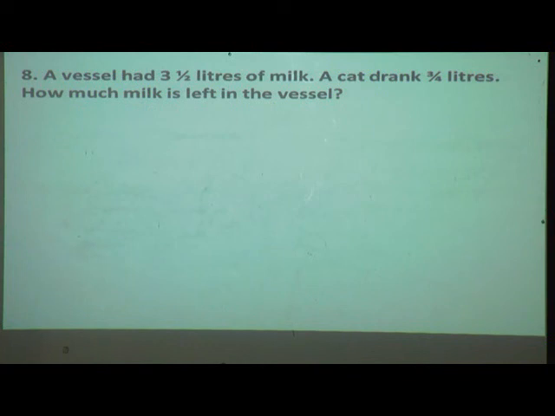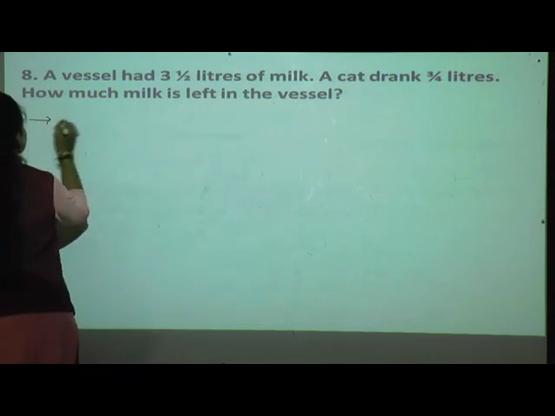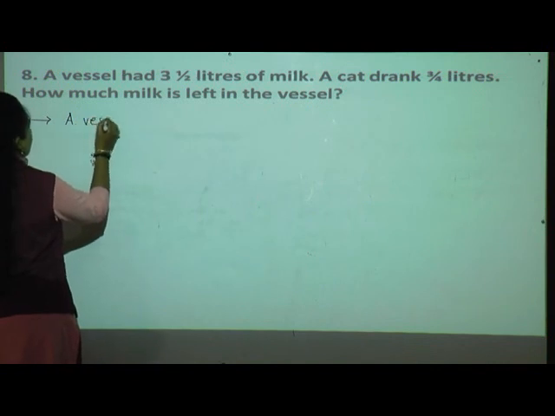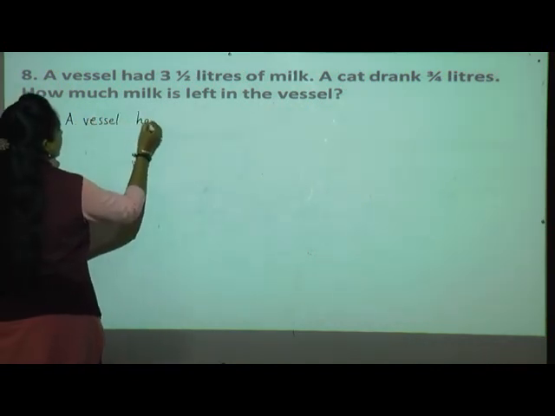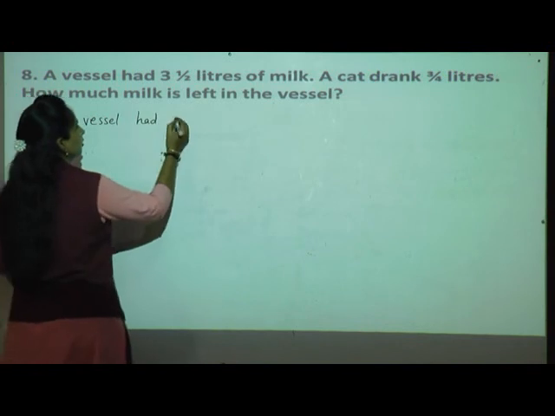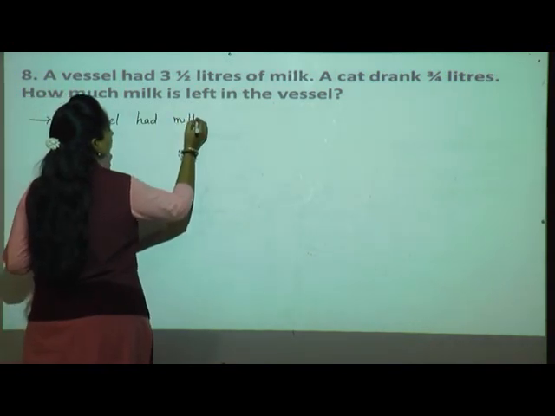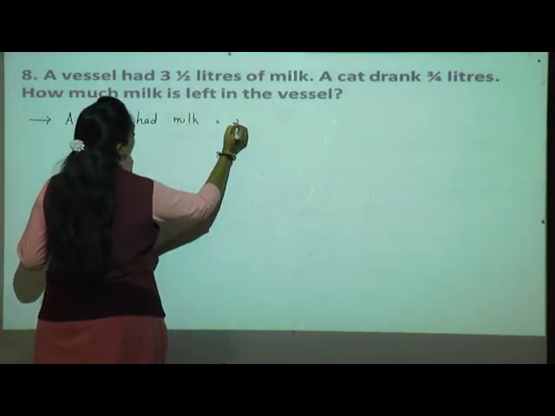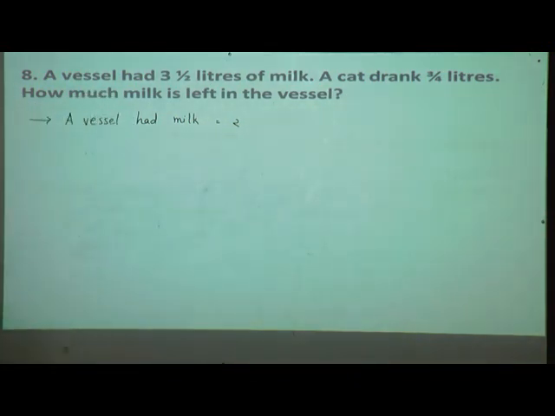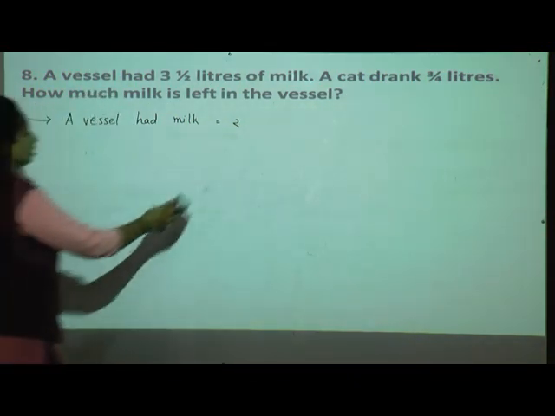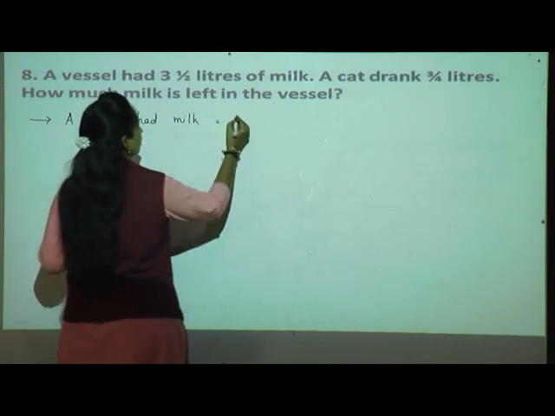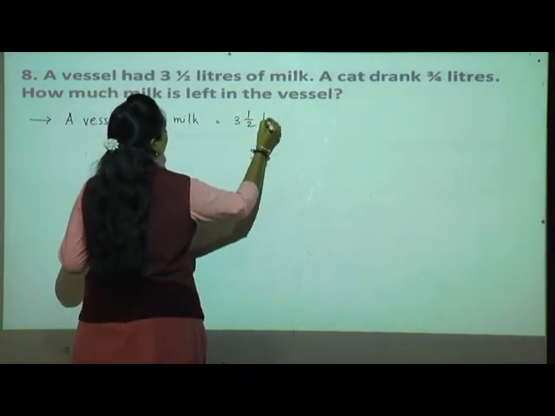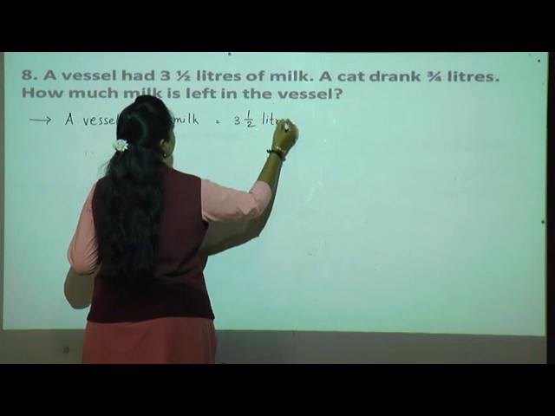So first we will write the given information. A vessel had how much milk? Milk is equal to 3 1 upon 2 liters.